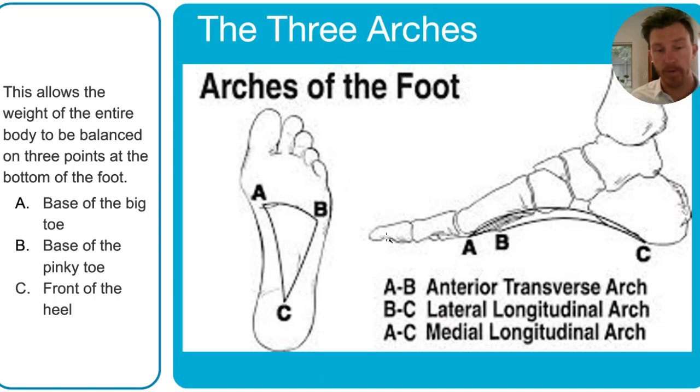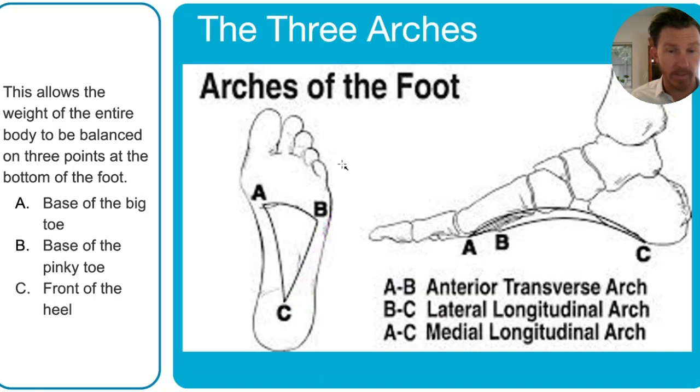I have this image from the bottom, and I also have this image looking at it from the side. So the transverse arch is from A to B. That's the anterior transverse arch. And then from B to C, we have the lateral longitudinal arch.